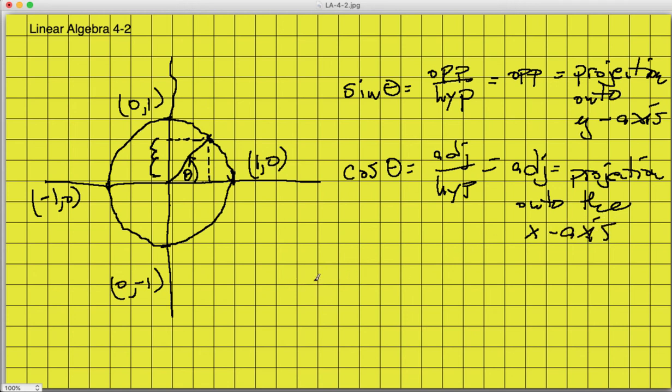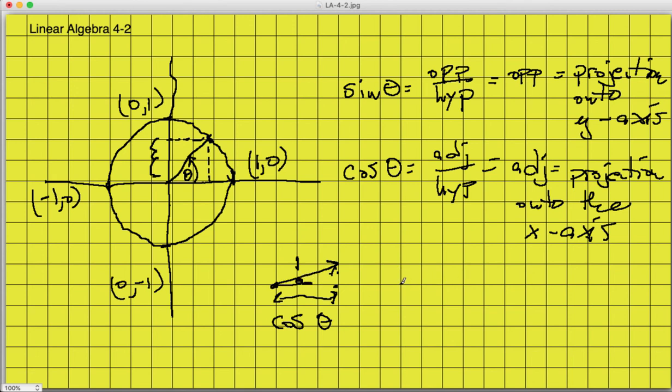So again, you can imagine, if here's the origin, and if this is 1, then if I come down to this point here, this distance from here to here is just the cosine of theta, where theta is the angle right in there.